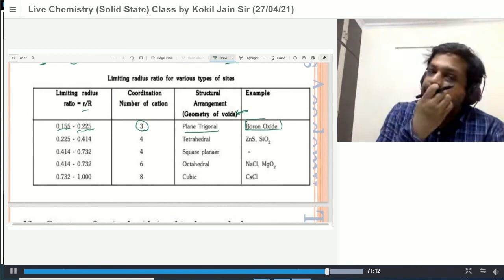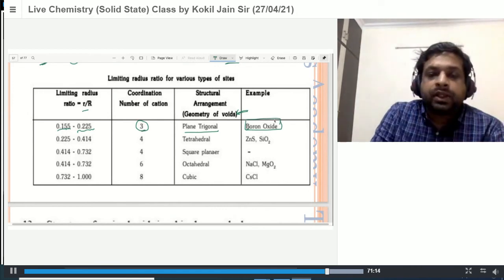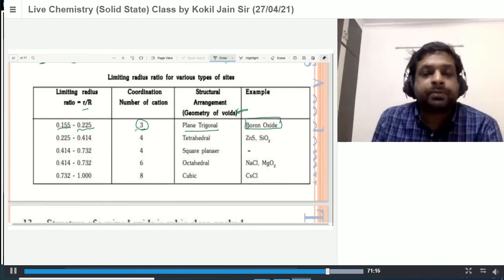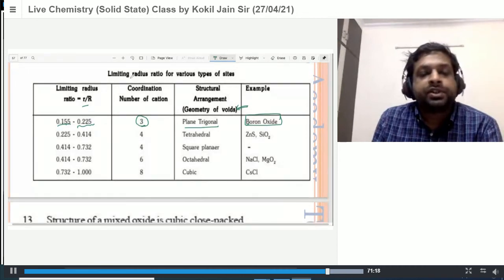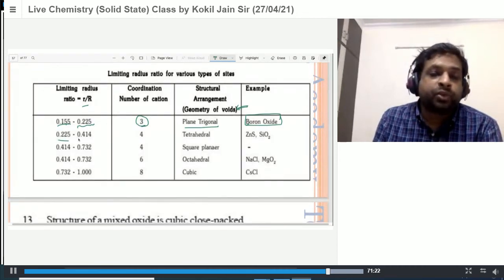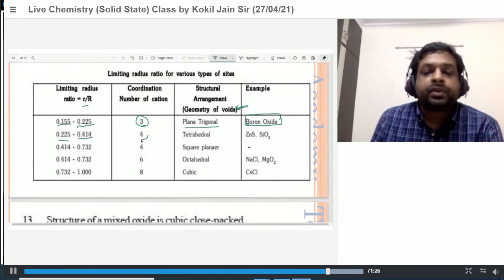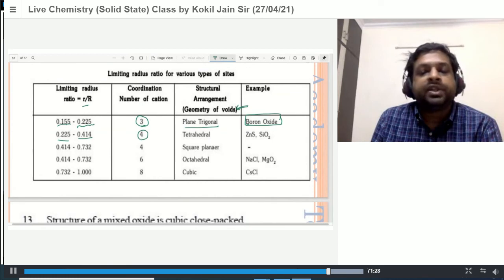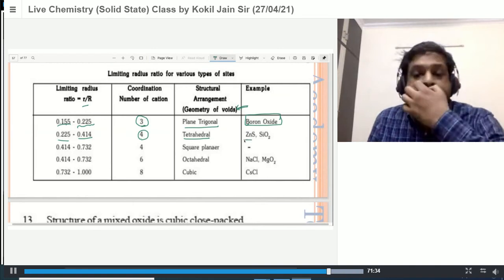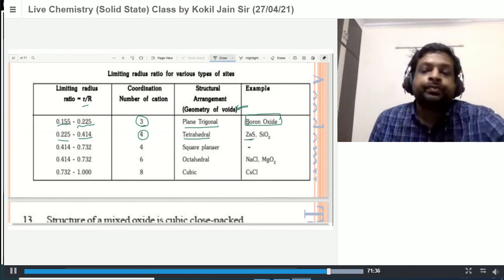Now see the other type of arrangement, when the radius ratio is 0.225 to 0.414. Coordination number would be 4. The arrangement would be the tetrahedral arrangement. The examples are zinc sulfide and SiO2.